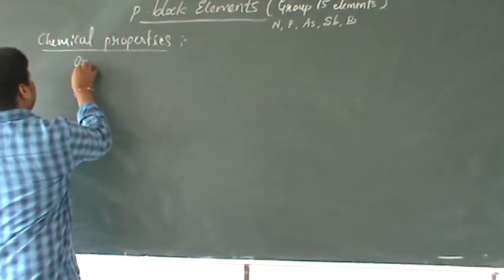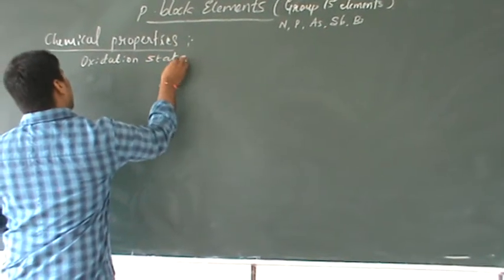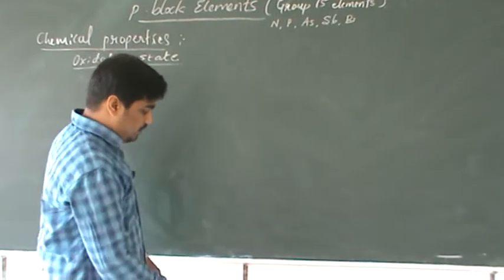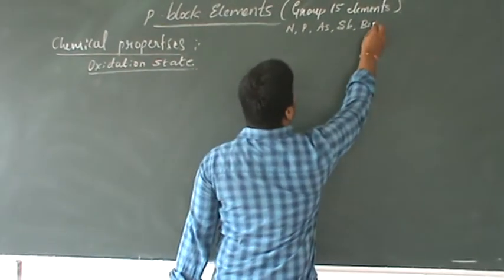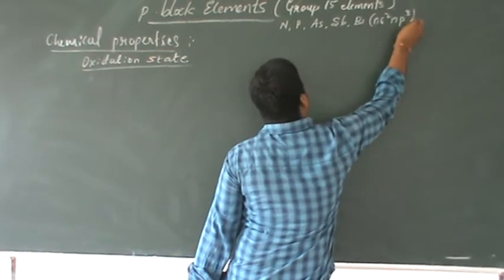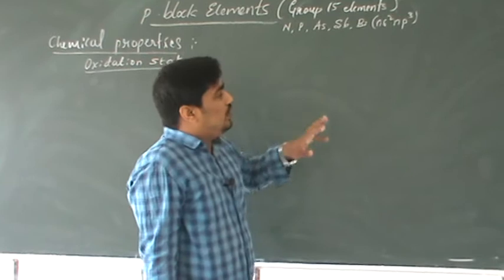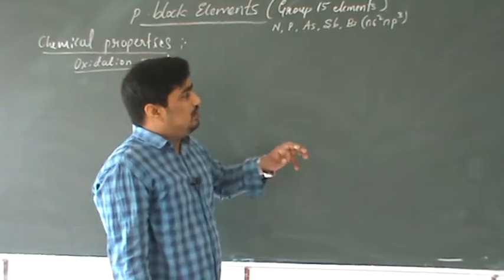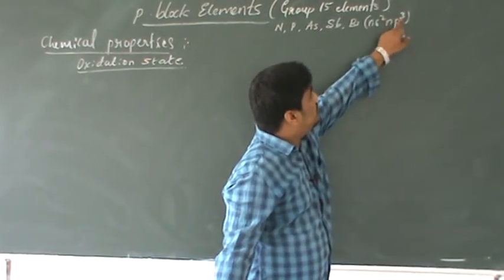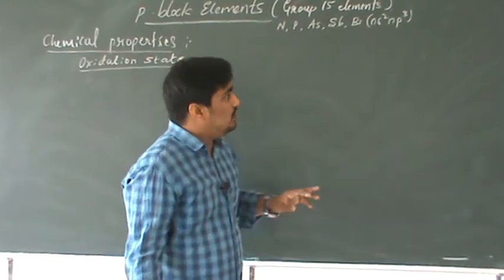Oxidation state of these elements. According to the electronic configuration, the common electronic configuration of these elements is ns2 np3. In this case, it is clear that there is a possibility of removal of these 5 electrons because they are present in the outermost orbital.